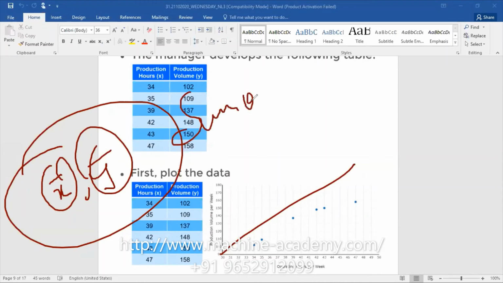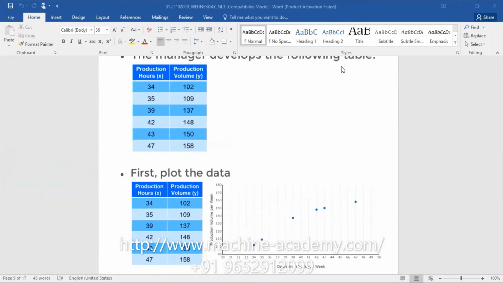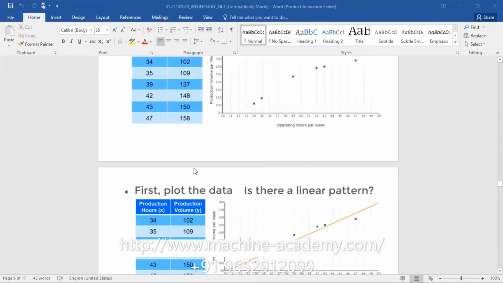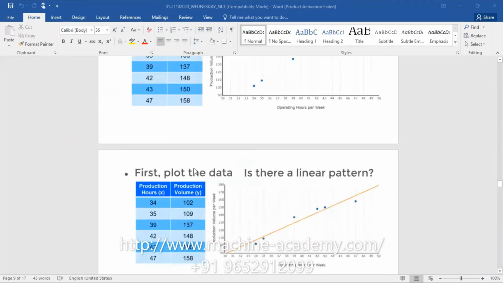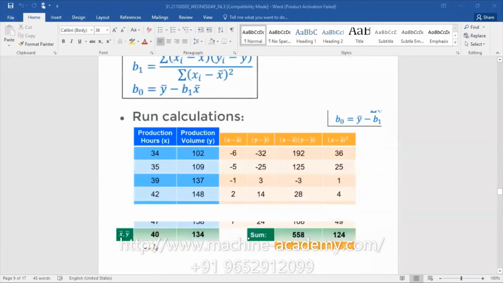Sum of observations by number of observations, meaning you add all the values and divide by 6, and you get the mean value. This is the line, and this is the mean value. 40 and 134 are the mean values here.